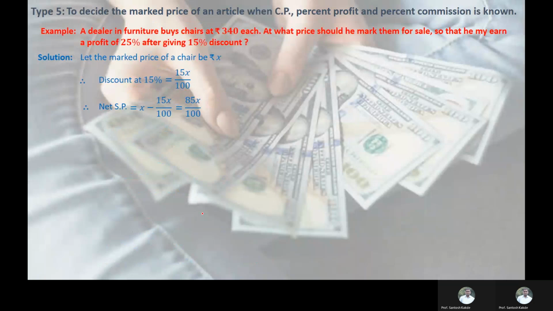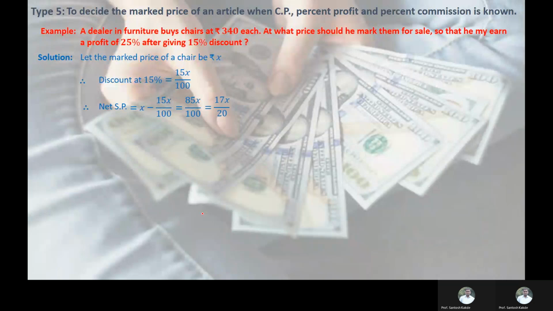Remember this one. Otherwise, you may say that your answer is in X form, that is 85x upon 100. Then how do we know that we can get the profit of 25% after giving 15% discount? Because your answer is in whatever quantity we have considered, that is, mark price of X rupees.